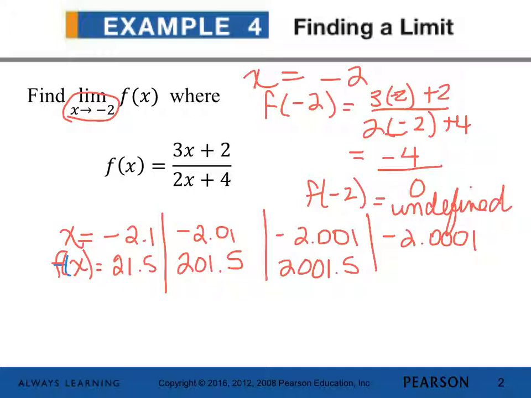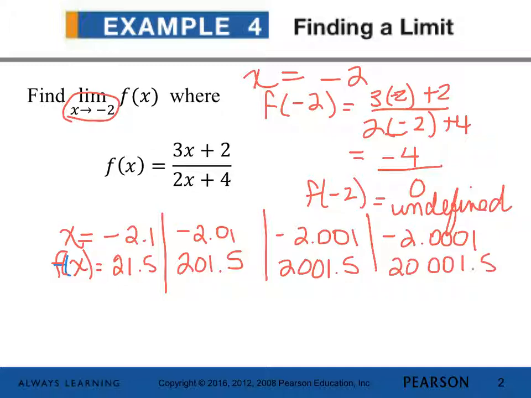we get 20,002. And actually, the exact value of that is 20,001.5, if I actually take the unrounded answer.